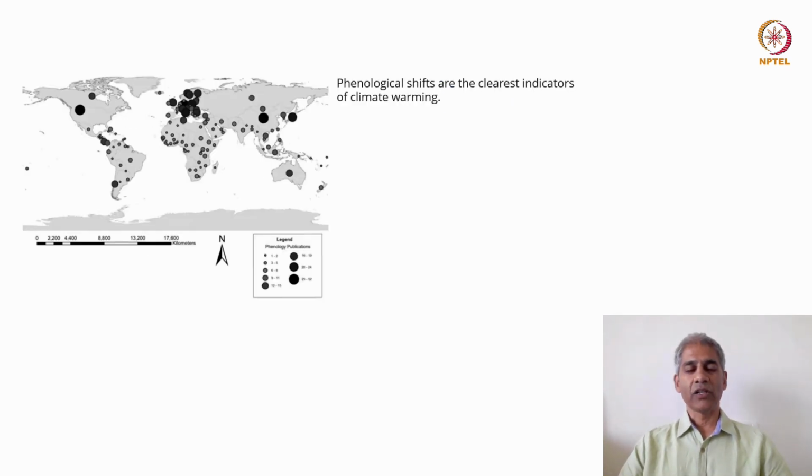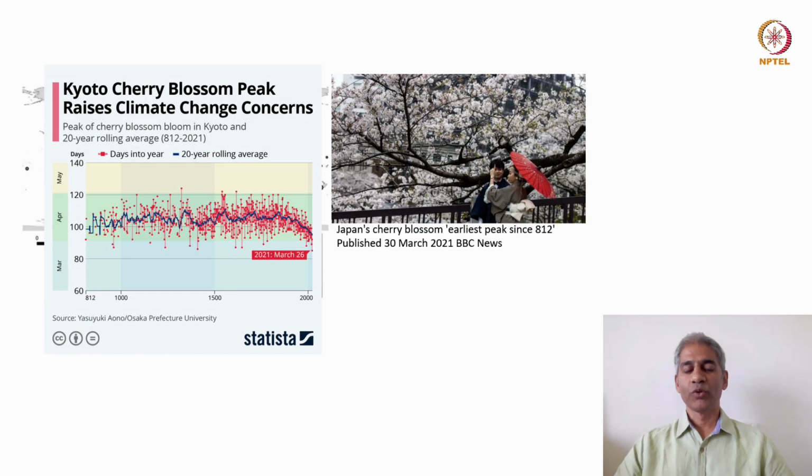So in fact, phenological shifts are the clearest indicators of climate change or global warming. And this has been shown here in one of the most famous studies on phenology, which looked at the emergence of cherry blossoms, which is a national event in Japan.